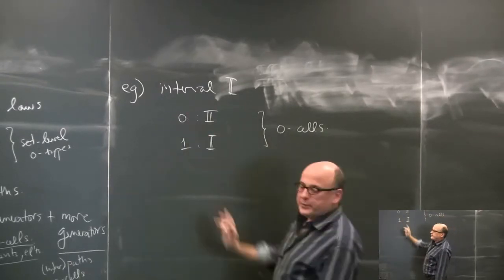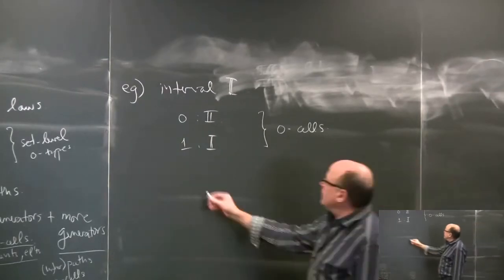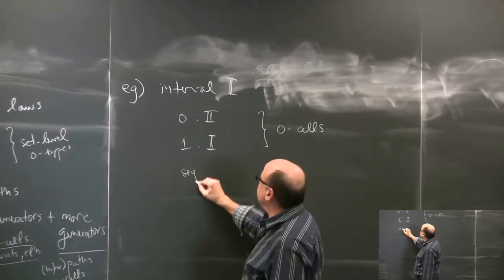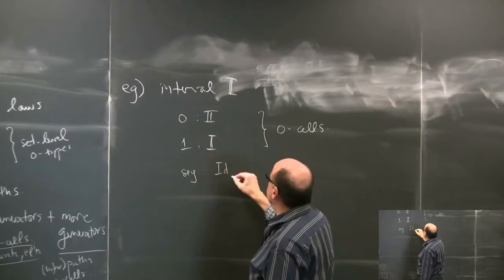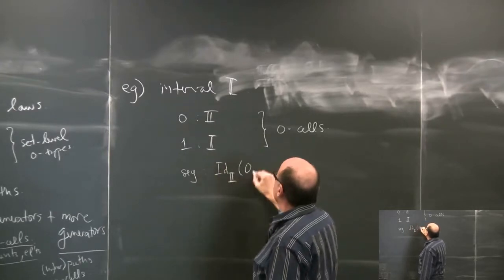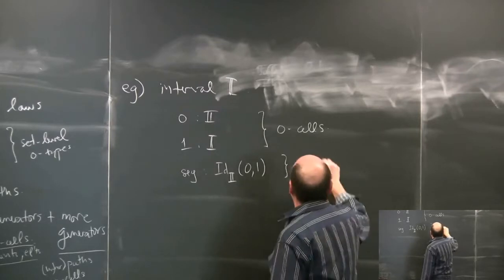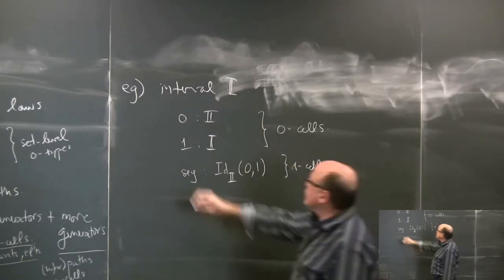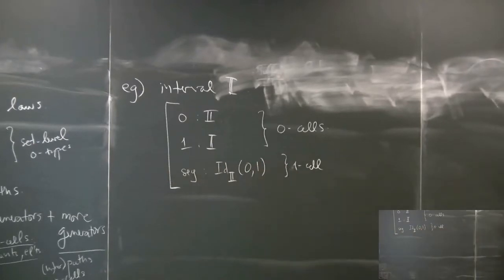We could have called them anything we wanted, of course, but it's conventional to call them 0 and 1. And then in this case, we have a 1 cell, where we say, in addition, there was something called seg, which is in the identity type for I between 0 and 1. And this is our 1 cell. And then we draw a line around this. We say, okay, that constitutes the definition of the interval.